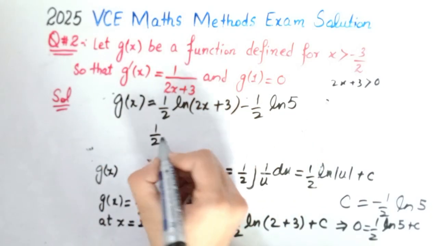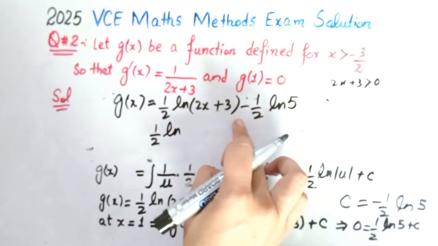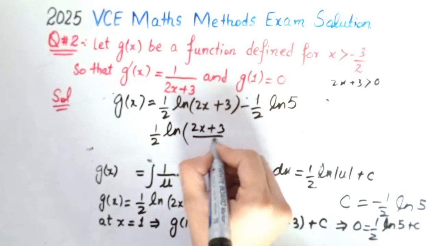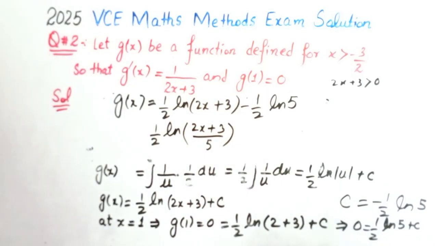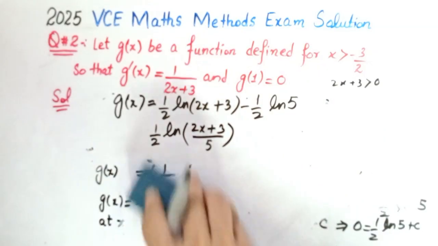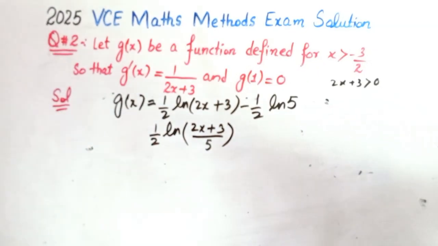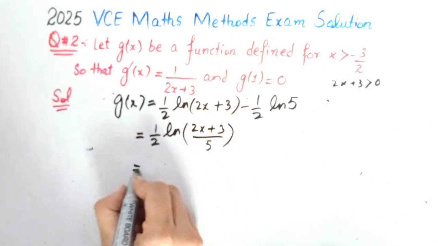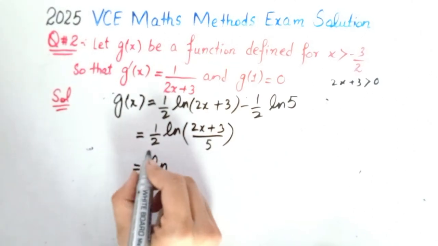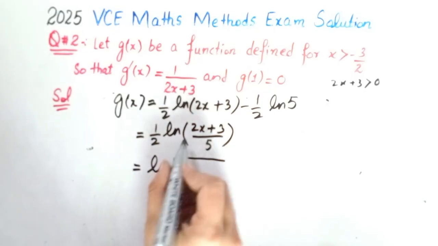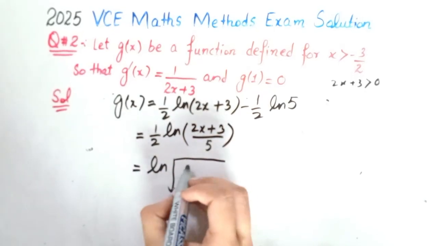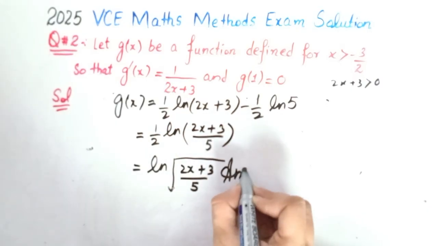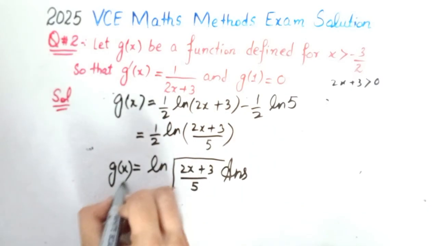It will become 1 by 2 ln of, when these are subtracted, it means they are divided, so 2x plus 3 divided by 5. And when we simplify this more, we can apply the rule that the power goes at the start. So ln of the root, power 1 by 2 is root, of 2x plus 3 divided by 5. So this will be the final answer.